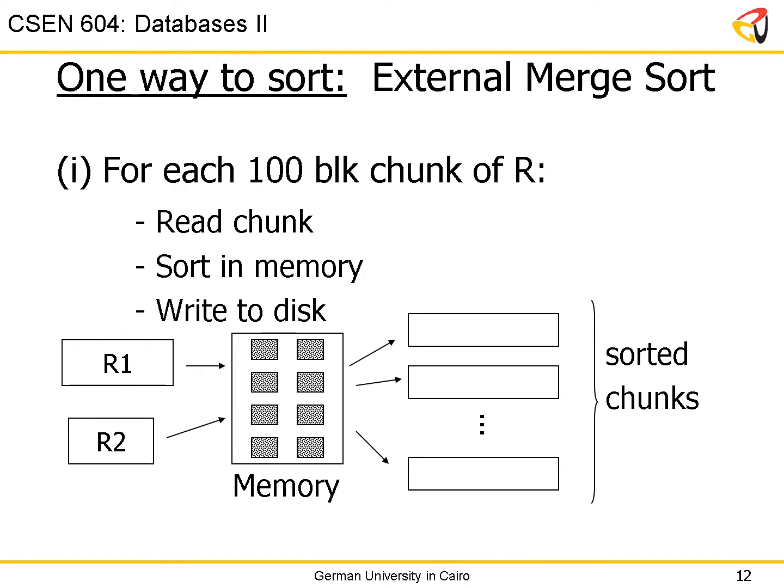In the textbook, it's described as reading in chunks, but you're still paying 1 IO per page anyway, because there's no benefit from keeping the page after you sort it in memory. You'll have to put it on disk to empty a space for the next page to put in memory. So this is the first phase of what's called an external merge sort algorithm. Merge sort you will see in actually CSAN 703.